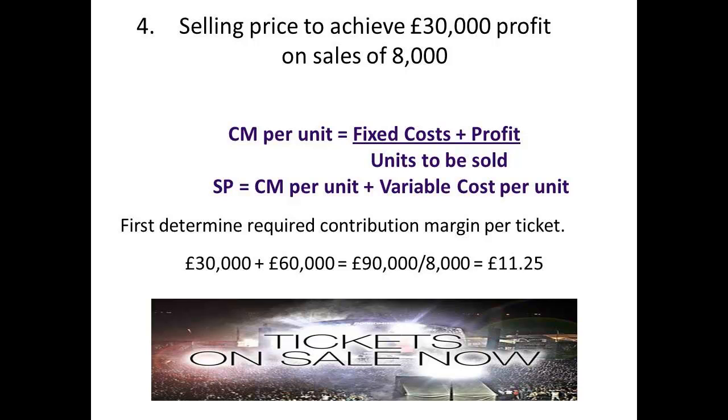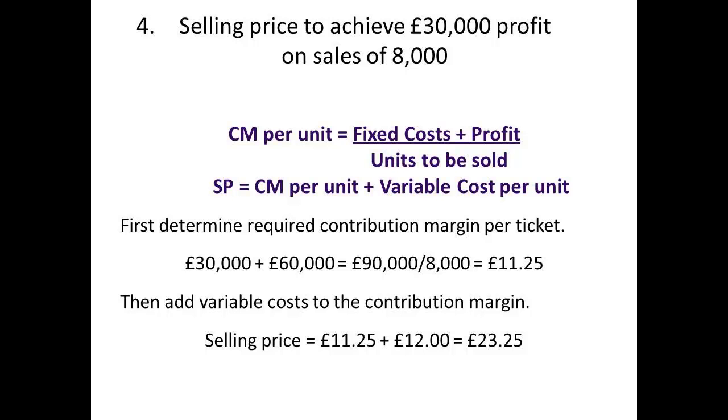The contribution margin per ticket is 30,000 plus 60,000, which is 90,000. Divide this by 8,000 and we have £11.25. We now have to add the variable costs, which are 12, so 11.25 plus 12 equals £23.25.